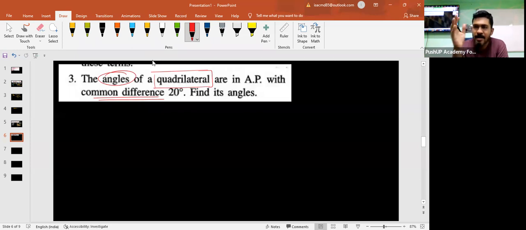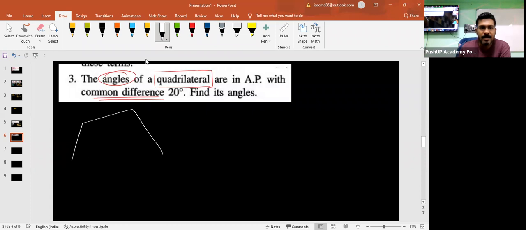Imagine this is the quadrilateral, A, B, C, and D. So obviously you have 4 different angles. They are telling you that the common difference between all the 4 angles is equal to 20 degree.